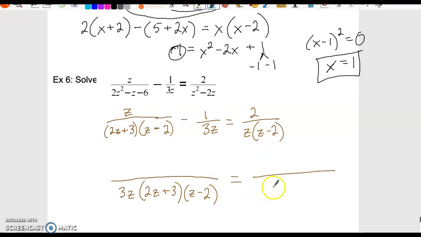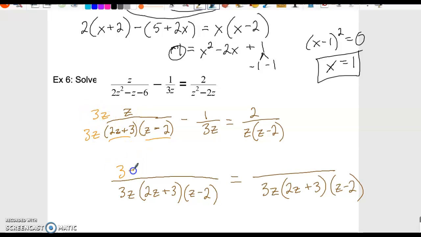And then on this side, I would also want to multiply by 3, a z, a 2z plus 3, and a z minus 2. And what I can do now is look at the denominators and see what's missing. So this 2z plus 3 is accounted for. The z minus 2 is accounted for. I'm missing a 3 and a z. So I'm going to multiply the top by 3 and a z.